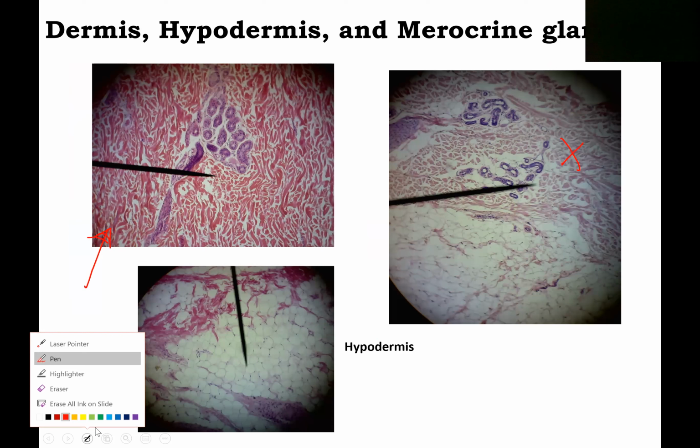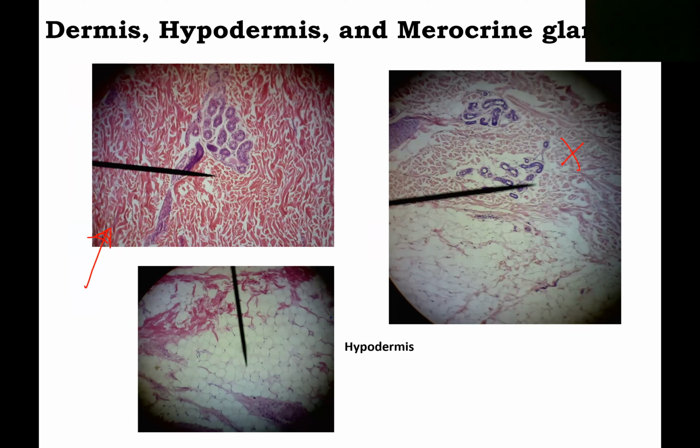And then the hypodermis is what we see here and here. And that will be the second drawing that you make. And then we will finish the rest of this in part B.